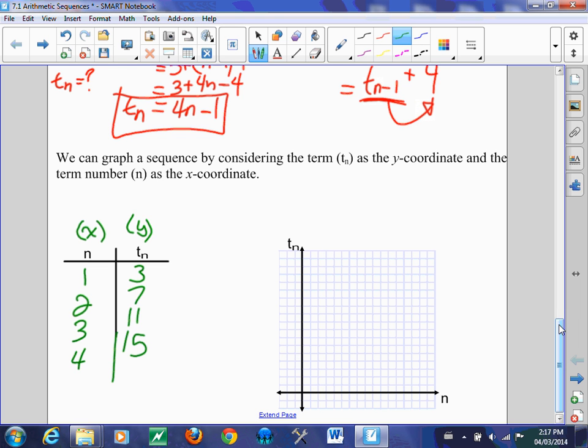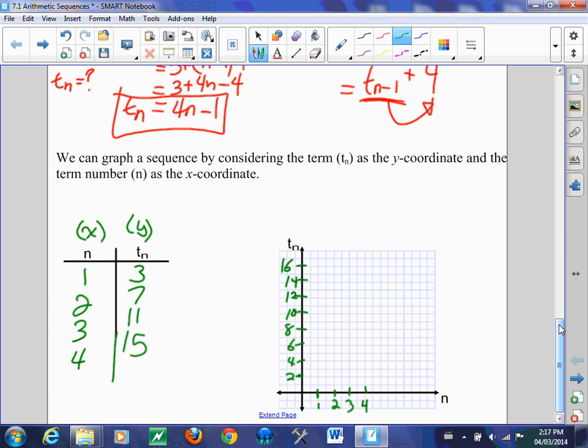To set up our graph, n is our term number, so let's space them out: 1, 2, 3, 4. Within our range, I'm going to start at 0 and I have to end up at 16, so I will make each one worth 1. So there's 2, 4, 6, 8, 10, 12, 14, 16.